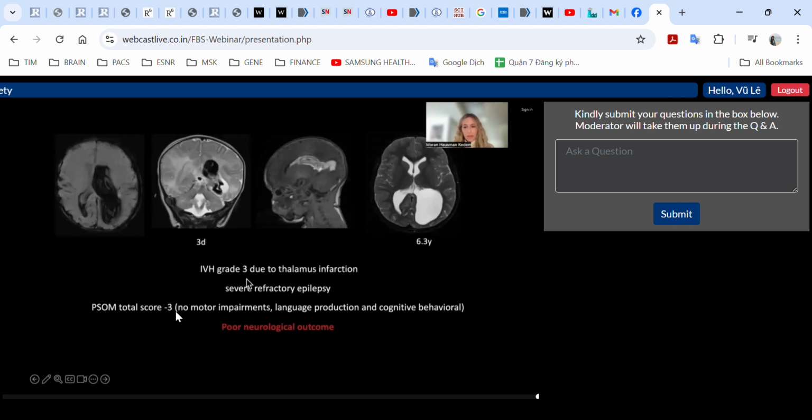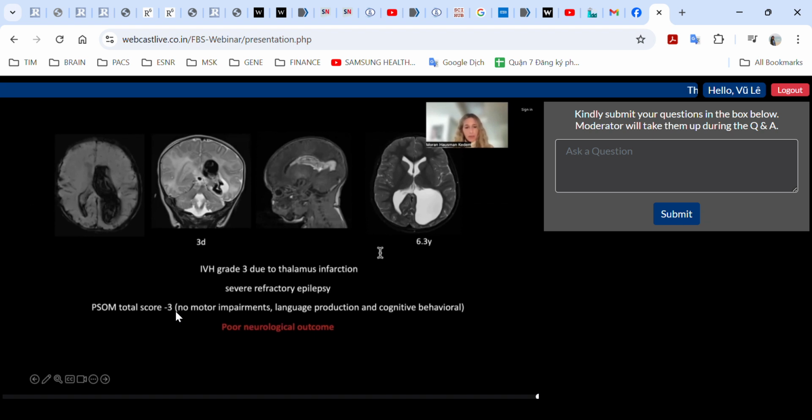And this patient was a 1-year-old term baby boy with, again, hemorrhagic venous infarction of the left thalamus and bilateral IVH due to sinus vein thrombosis, and he tested positive for MTHFR homozygosity, factor V Leiden, and prothrombin mutation. His whole exome sequencing was negative, and he developed very severe refractory epilepsy, and he has a poor neurological outcome.